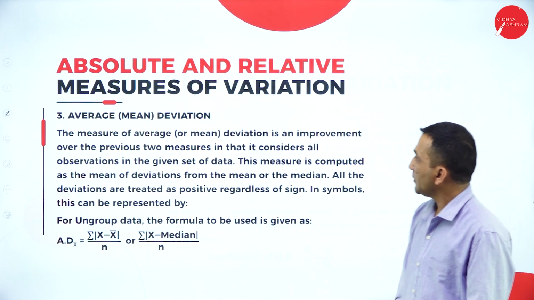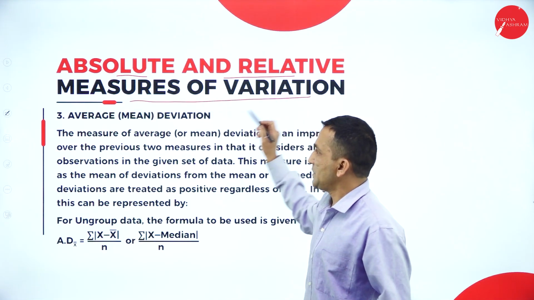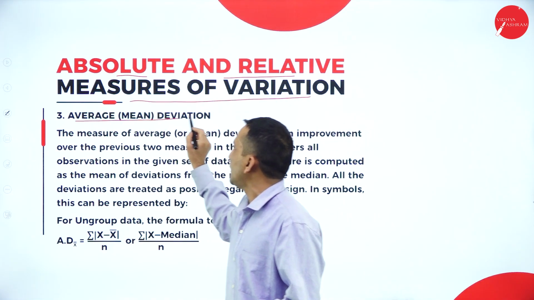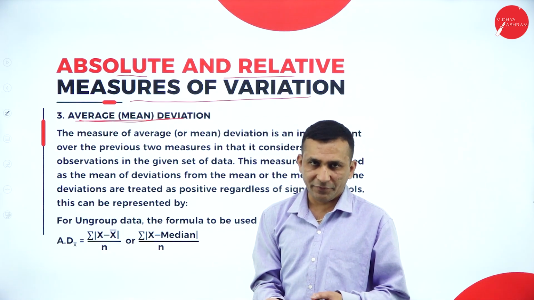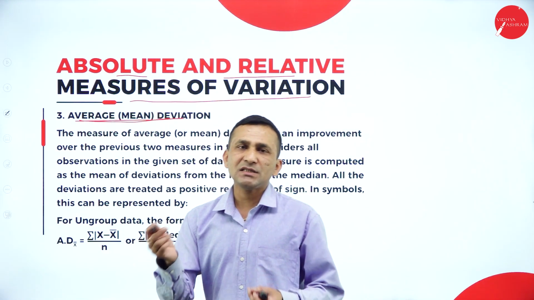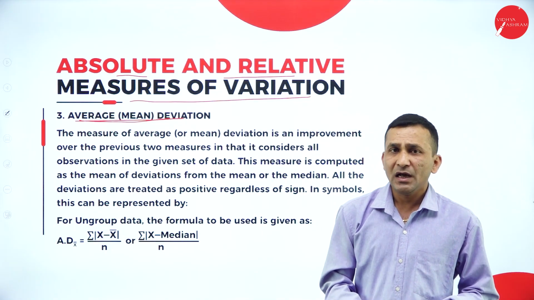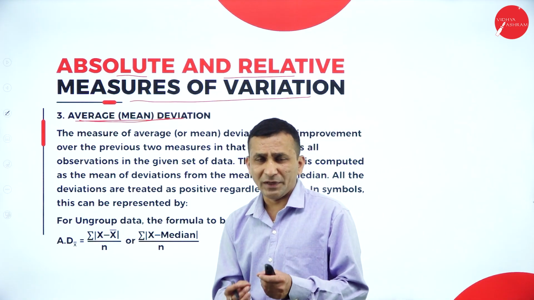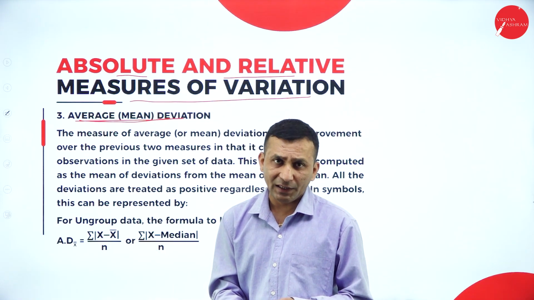Okay, moving forward. Under absolute and relative measures of variance, now we are at the third deviation, which is called average or mean deviation. In the last two deviations, we had limitations. There is some drawback in the last two methods, range and quartile deviation.